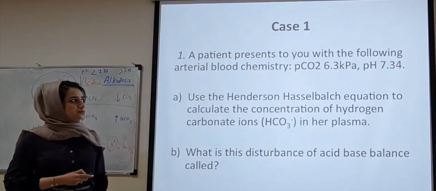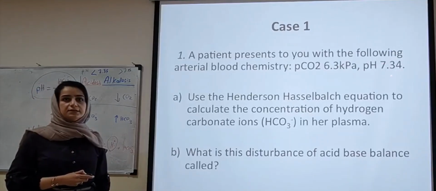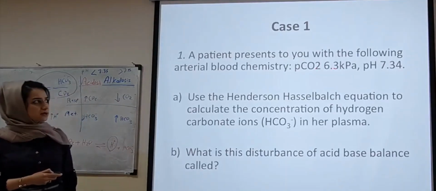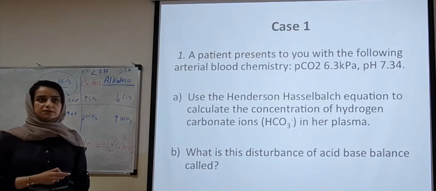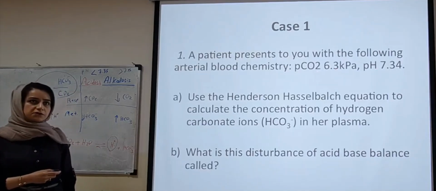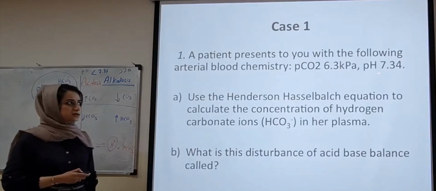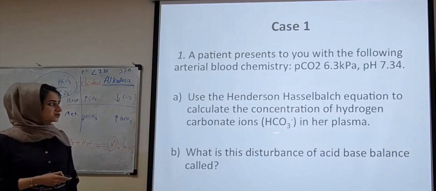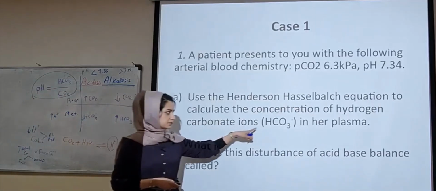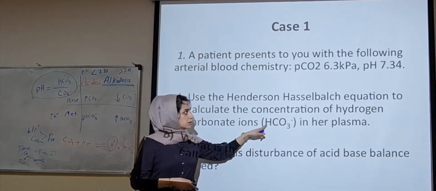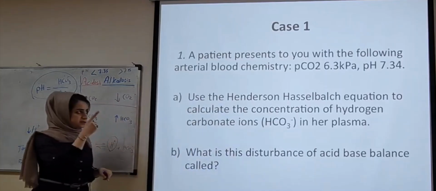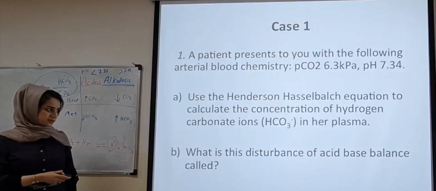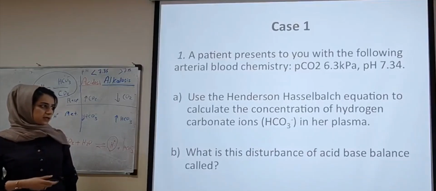What about pH? pH 7.35, slightly decreased. So what does this suggest? pH decreased and CO2 increased, so respiratory acidosis. Use the Henderson-Hasselbalch equation to calculate the concentration of HCO3, hydrogen bicarbonate, in the plasma. Since we have pH and CO2, we find HCO3 using that equation. What is the disturbance of acid-base imbalance here?